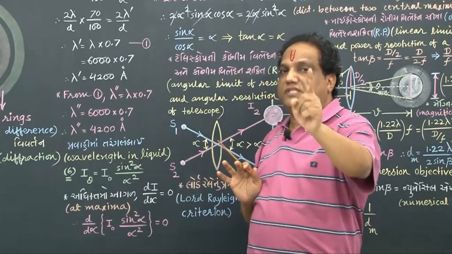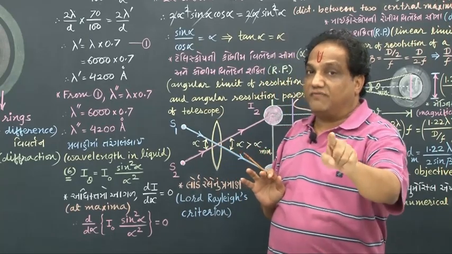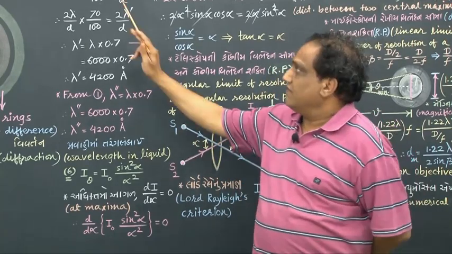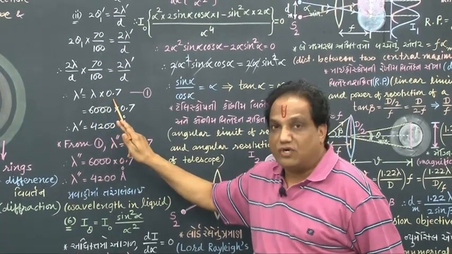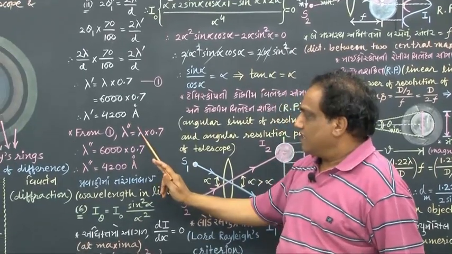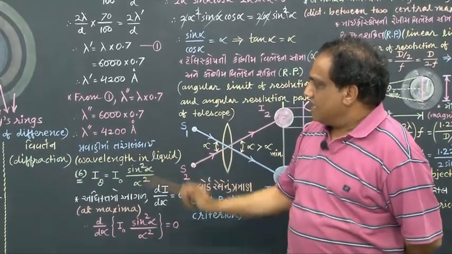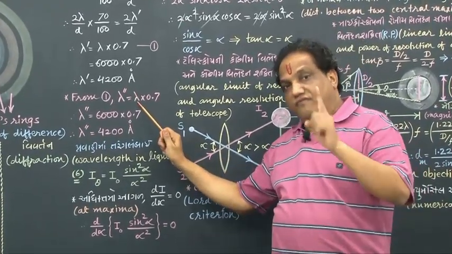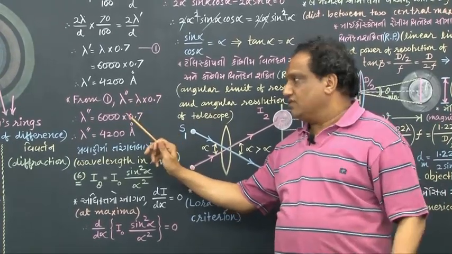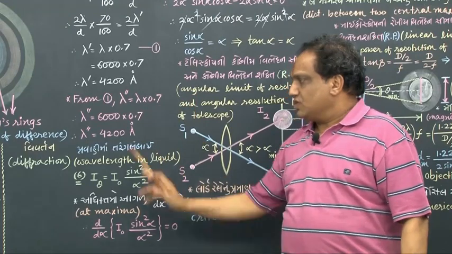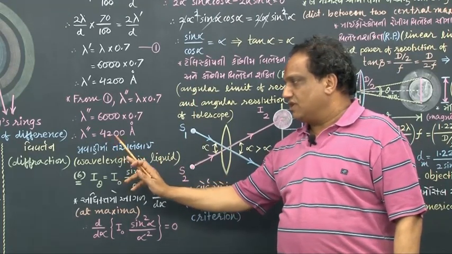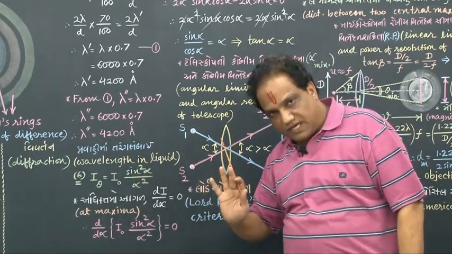If the angular width decreases by 30%, then what is left? 70%. And 70% of this, finally we got lambda into 0.7. Now lambda is the wavelength of the first light and it was given to you as 6000 angstrom multiplied by 0.7. So the answer is 4200 angstrom, correct?